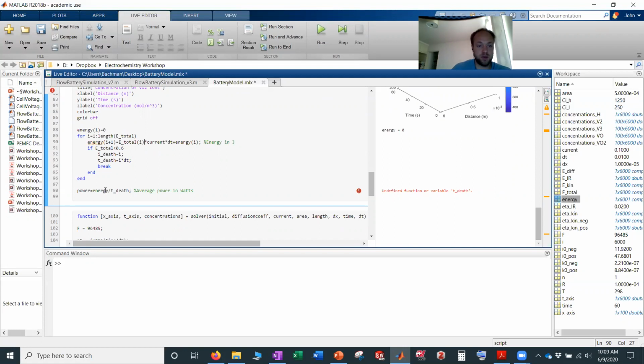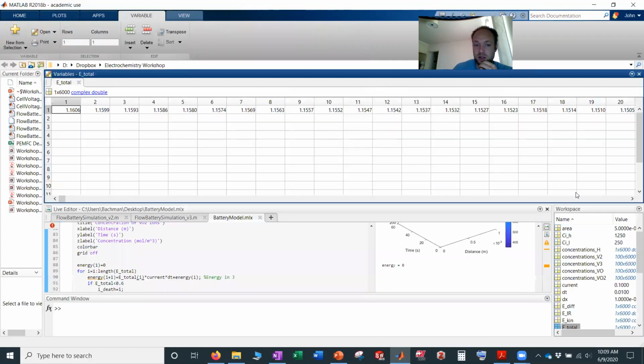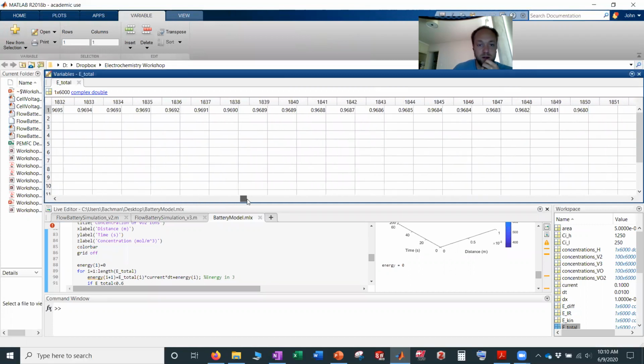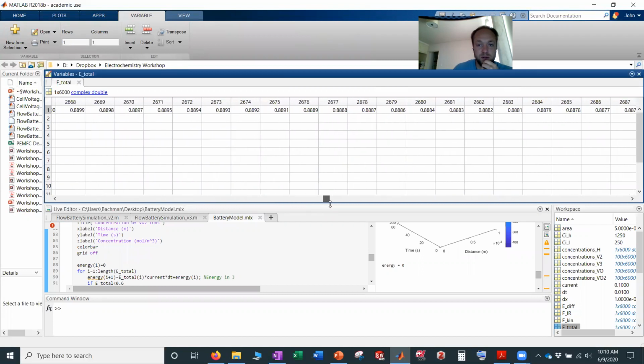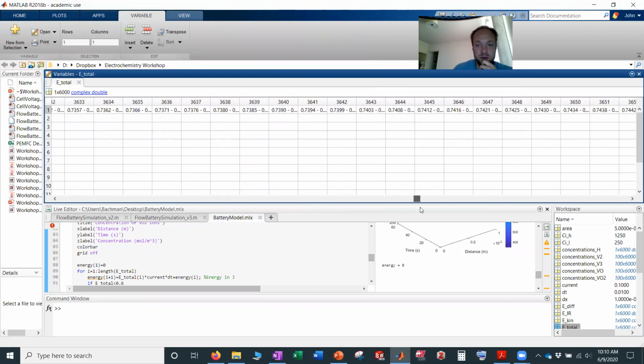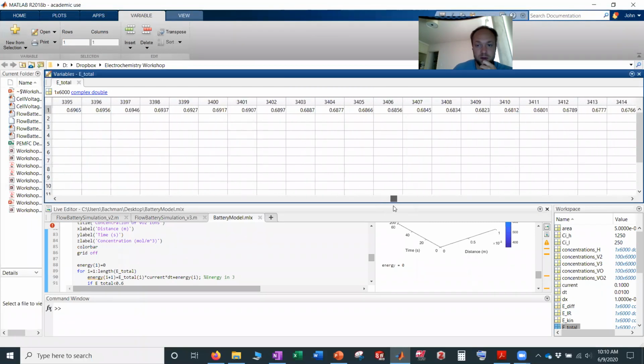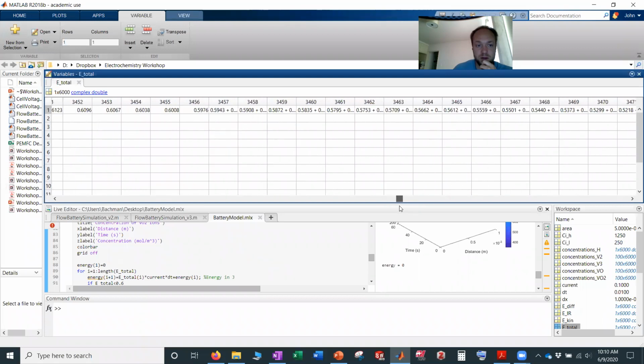And then function T death. So that basically means it didn't run through, it didn't find this, which is weird because E total should go down. Oh, there's only one data point that's below 0.6.